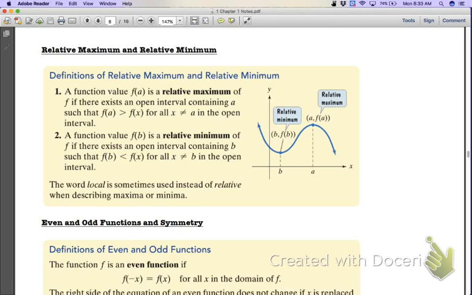So a relative maximum is an open interval containing a value a, such that f of a is greater than f of x, and x can't be equal to a, in that open interval.